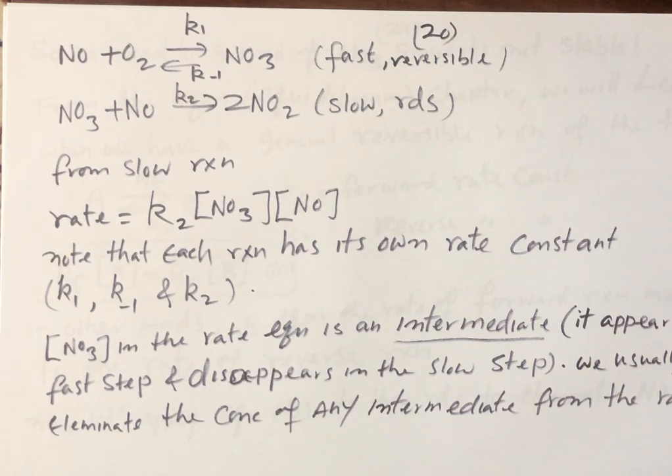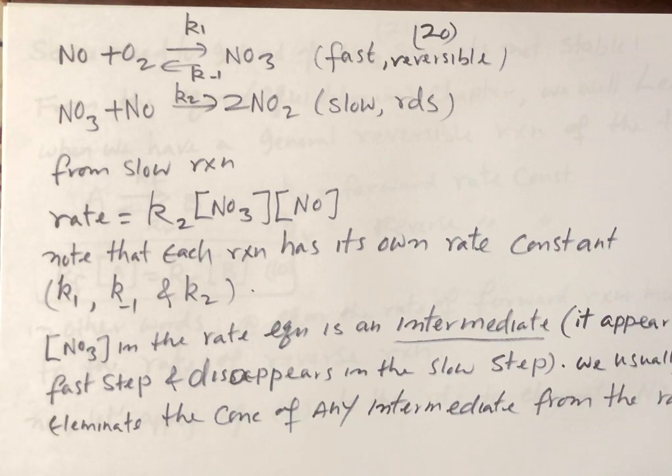So if you just focus on the slowest step, you see that the rate law can be written as K2, which is the rate constant for that particular reaction, times the concentrations of the reactants, NO3 and NO. Okay. Now, in here, we don't use M and N. We simply use the coefficients of that elementary reaction.